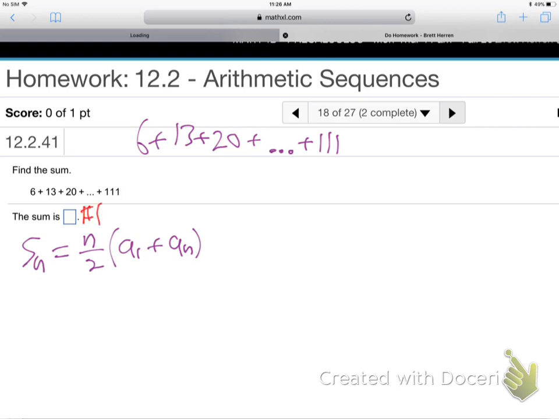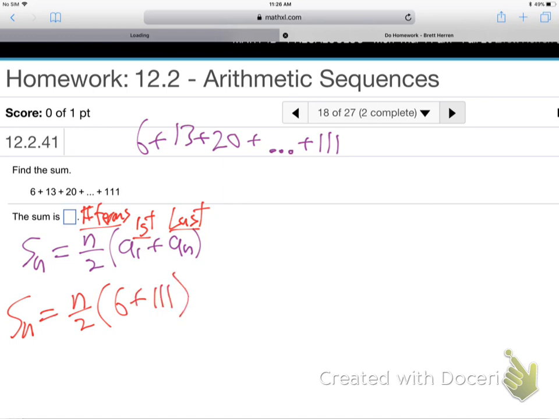N is the number of terms. A1 is first term. AN is last term. First term is 6, last term is 111.